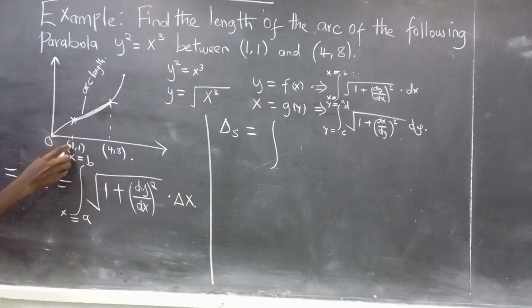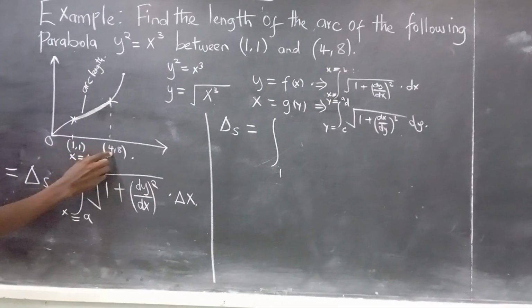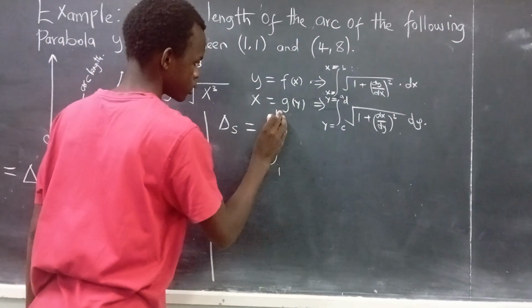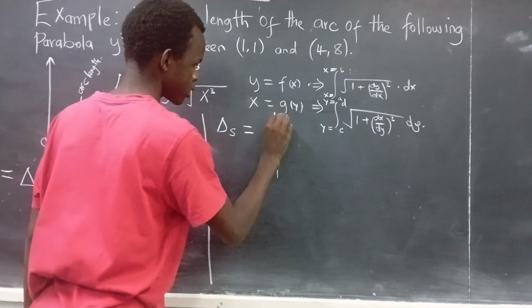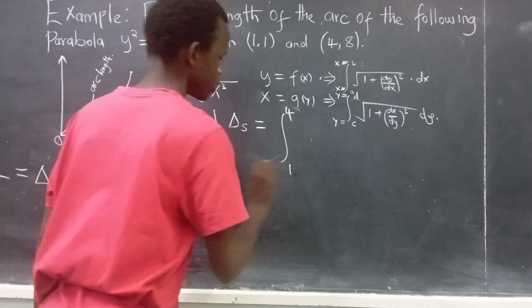So the x value on this graph is 1 to 4, so I'll be placing my bounds as 1 to 4.